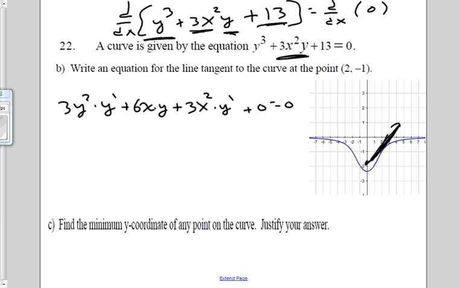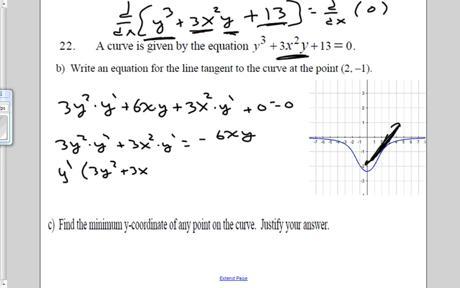Simplifying this, we get 3y squared times y prime plus 3x squared times y prime equals -6xy. We can factor out a y prime, and then we can solve for y prime. And when we do that, we get that y prime equals -6xy over 3y squared plus 3x squared.